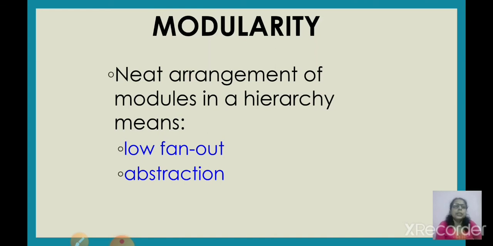Abstraction means the higher-level modules do the high-level functions, the lower-level modules do the low-level functions, and a low-level module cannot call a high-level module. This will also be discussed in the next class, but in good design we require low fan-out and abstraction.